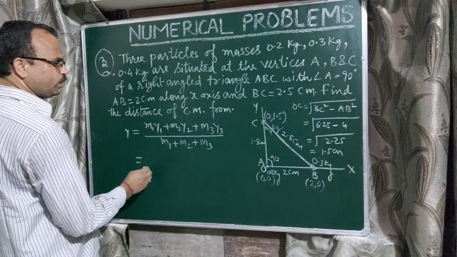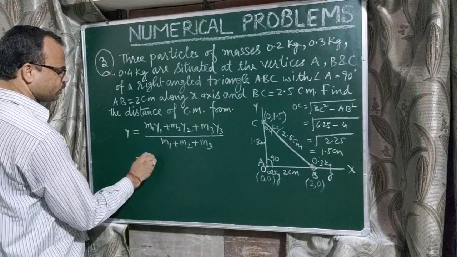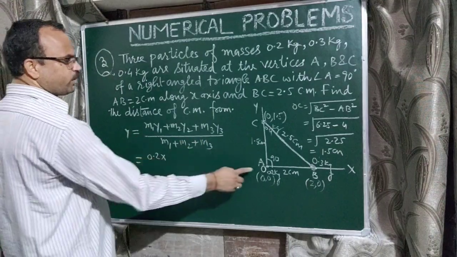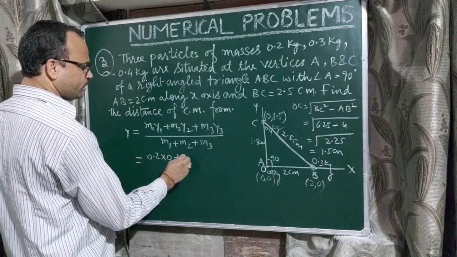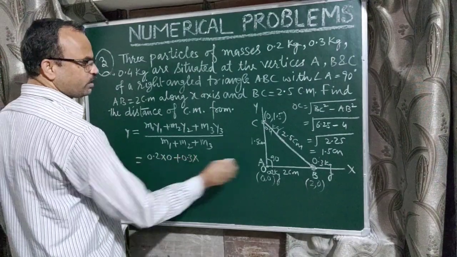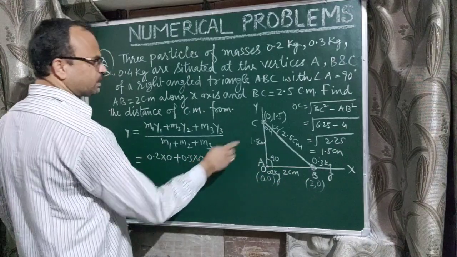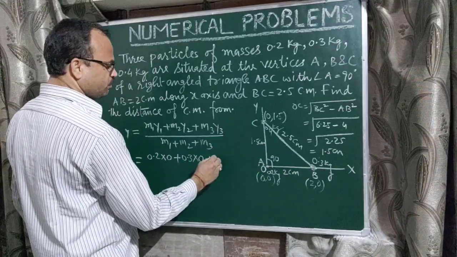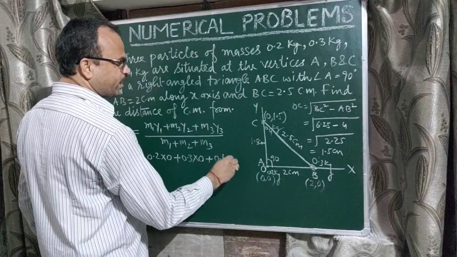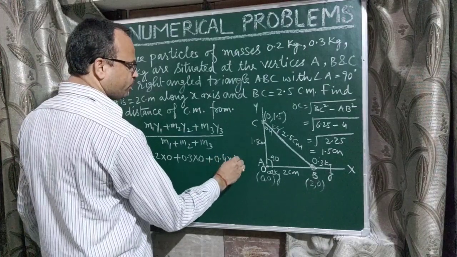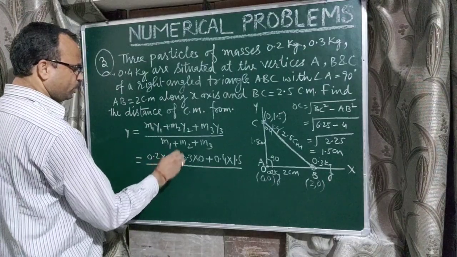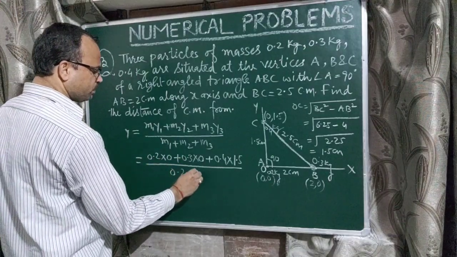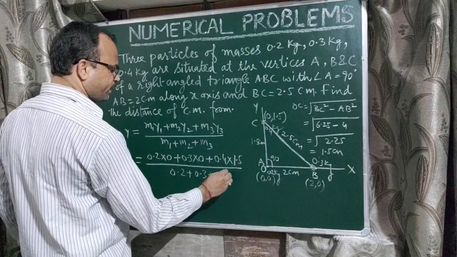Now substitute the values. The value of m1 is 0.2 and the y coordinate of A is 0, plus the value of m2 is 0.3 with its y coordinate again 0, plus the value of m3, 0.4, with its y coordinate 1.5. In the denominator, 0.2 plus 0.3 plus 0.4.